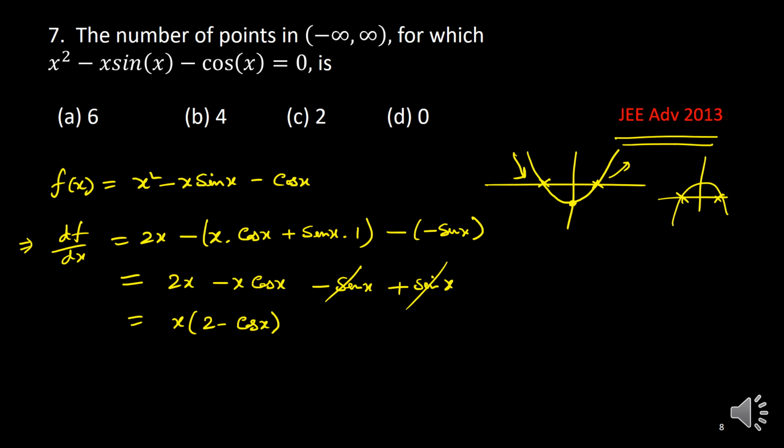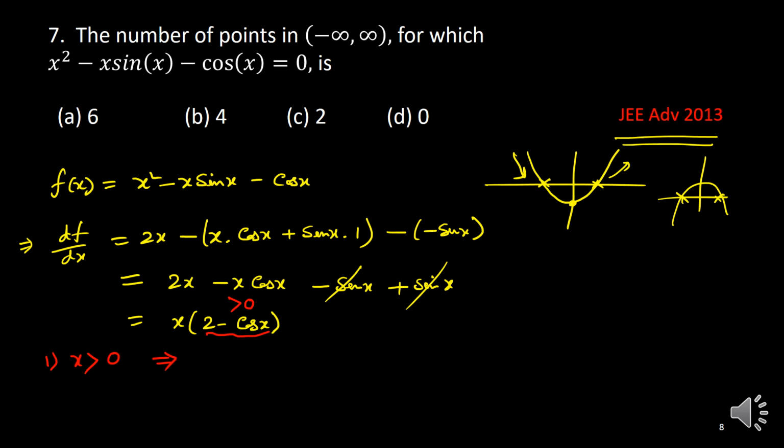So this df dx has a positive side and a negative side. So first, case number 1, if x is more than 0. Now we can make one note here that this value is always positive. Why? Because cos is within +1 and -1.